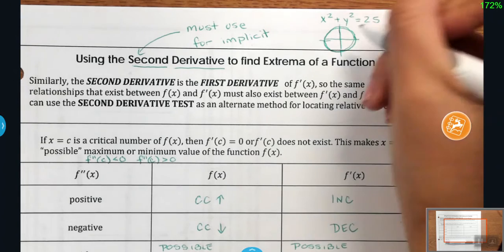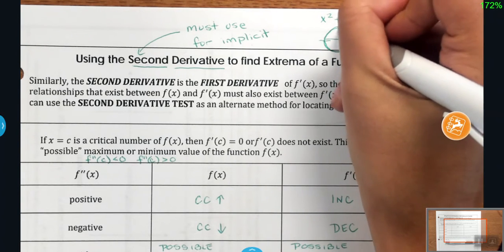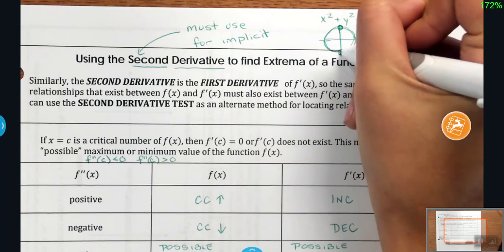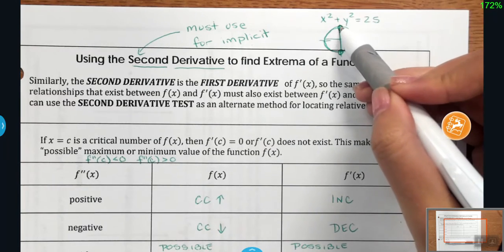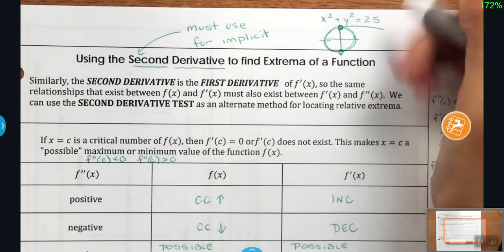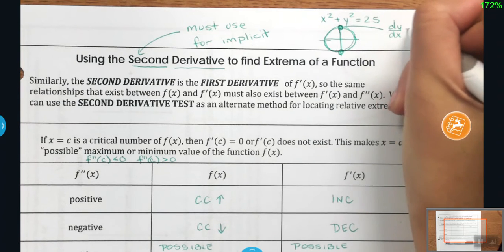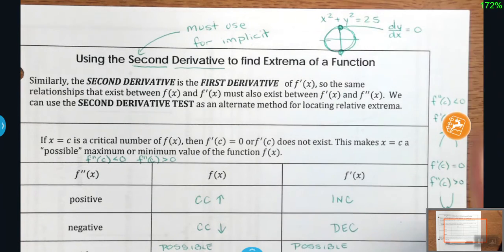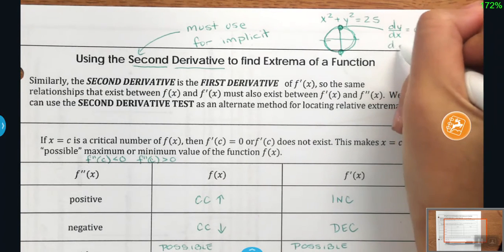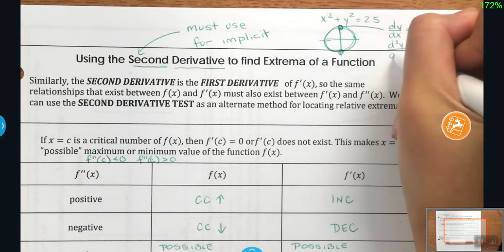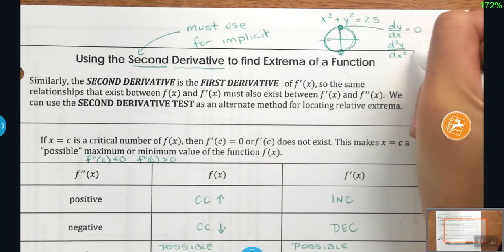So it doesn't follow a straight line. So if you want to prove anything is a maximum or a minimum, then you have to prove right here that dy/dx equals 0, like the first derivative equals 0, so it's a horizontal tangent line, and you want to prove that the second derivative is less than 0.